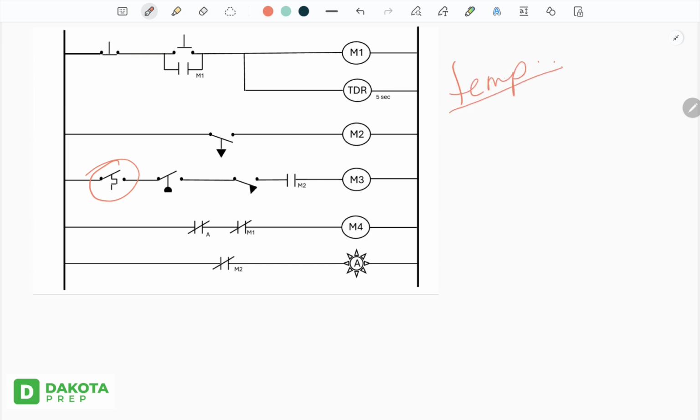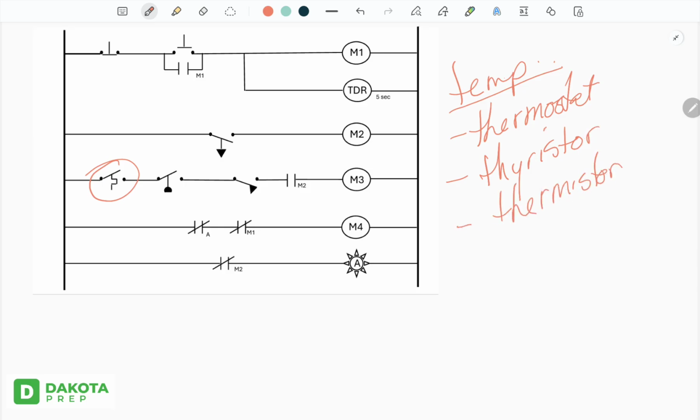Now, depending on the context of the ladder diagram, if it's electrical, it's going to refer to a thermostat. If it is instrumentation, it's going to be a thyristor. And if it's electronic, it's going to be a thermistor. The only thing these 3 things have in common is the fact that they're temperature. So pay attention to the context of what the question is.